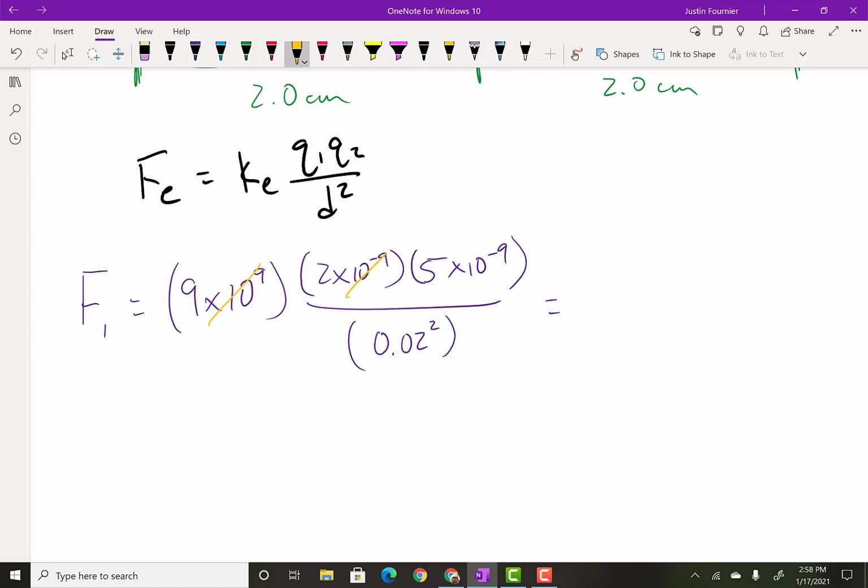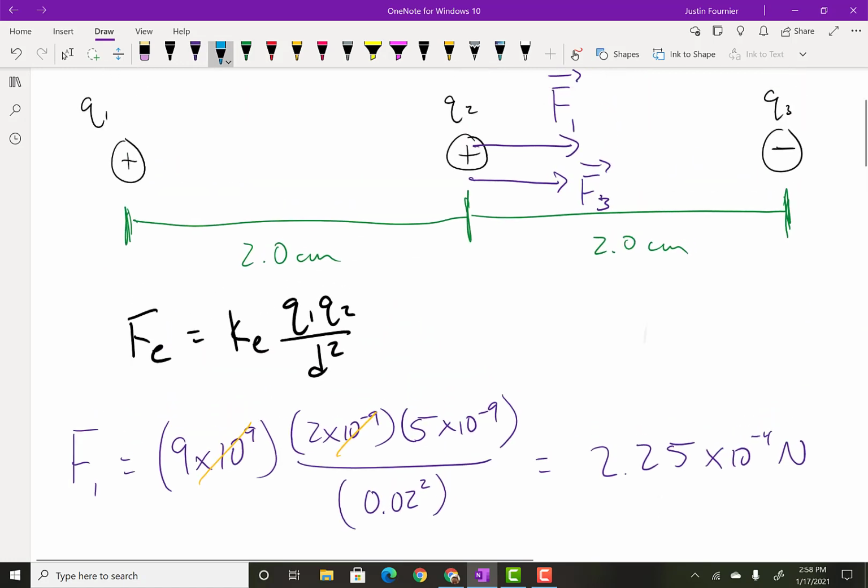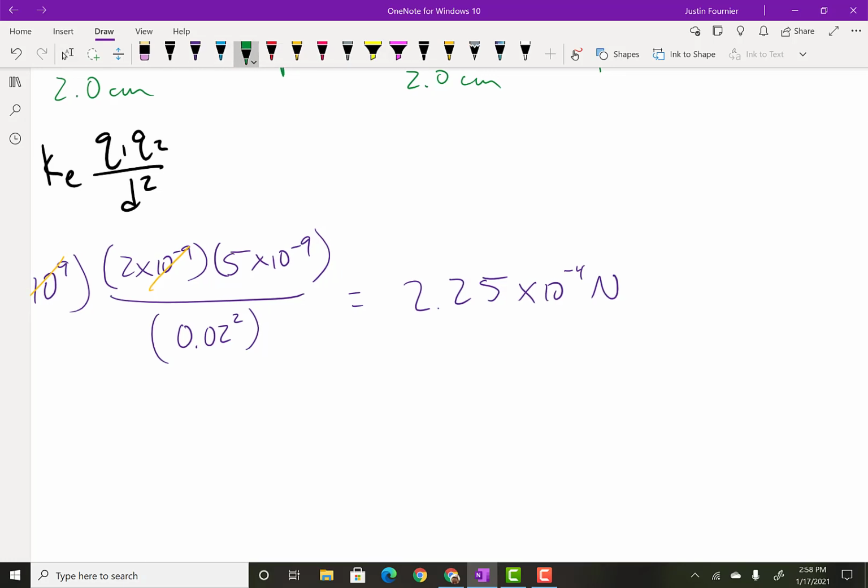I'm getting about 2.25 times 10 to the negative 4 newtons right there. So there's that one. And this one's pointing to the right, right?